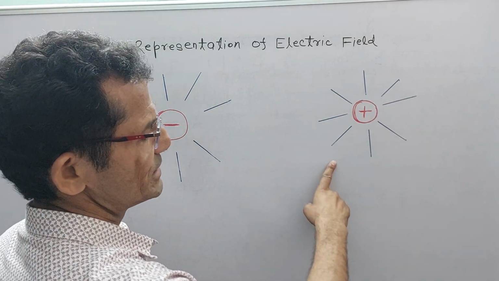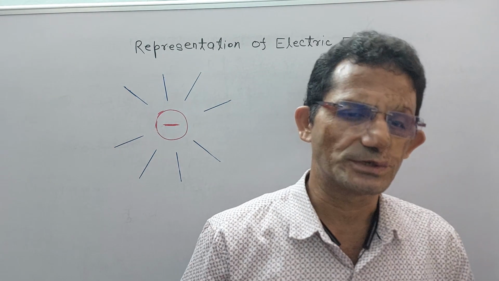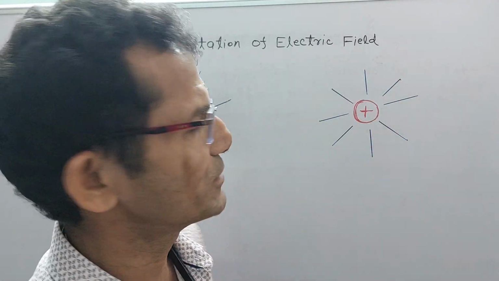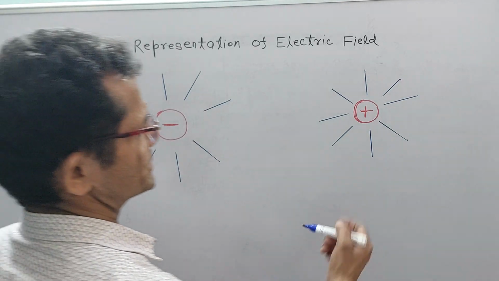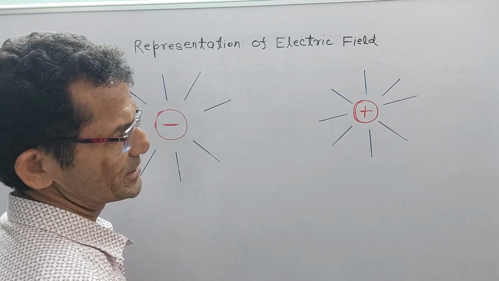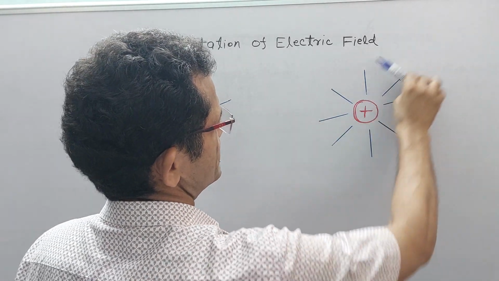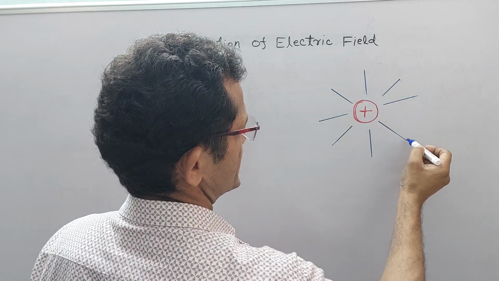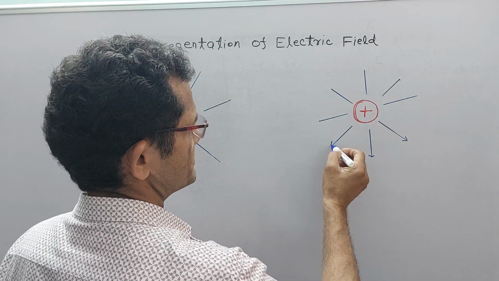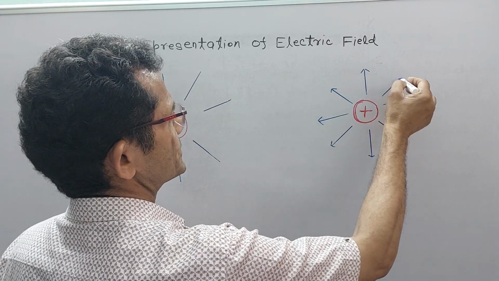Larger the magnitude, larger will be the length of these vectors. Smaller the magnitude, smaller will be the length of the vector. Suppose these are the field vectors for a positive charge. The direction of the electric field of a positive charge is away from the positive charge.